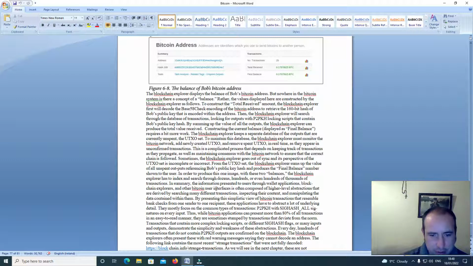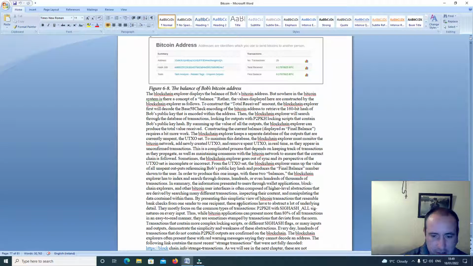In summary, the information presented to users through wallet applications, blockchain explorers, and other Bitcoin user interfaces is often composed of higher level abstractions that are derived by searching many different transactions, inspecting their content, and manipulating the data contained within them.